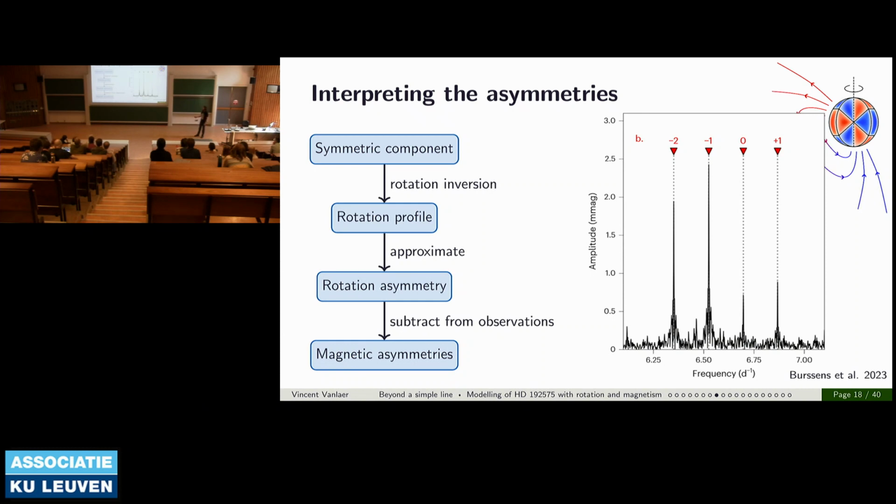With the rotation profile, we can then compute, with an approximation, the higher order effect of rotation and obtain the asymmetries due to rotation. If we then subtract those from the observational asymmetries, what we're left with is, we assume, due to a magnetic field. So in this way, we can subtract the effect of rotation and obtain the properties of our magnetic field.